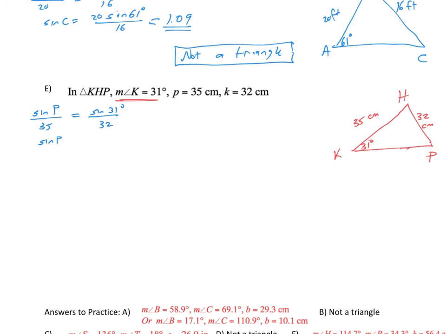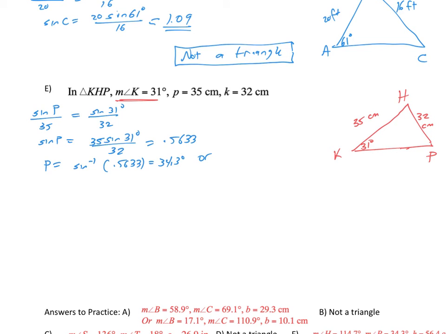Multiply both sides by 35. So sine of P is 35 sine 31 over 32. And if we enter that in our calculator, we get 0.5633. And then we take sine inverse of both sides. We know we will get an angle because it's not more than one. So sine inverse of 0.5633 is equal to 34.3 degrees.